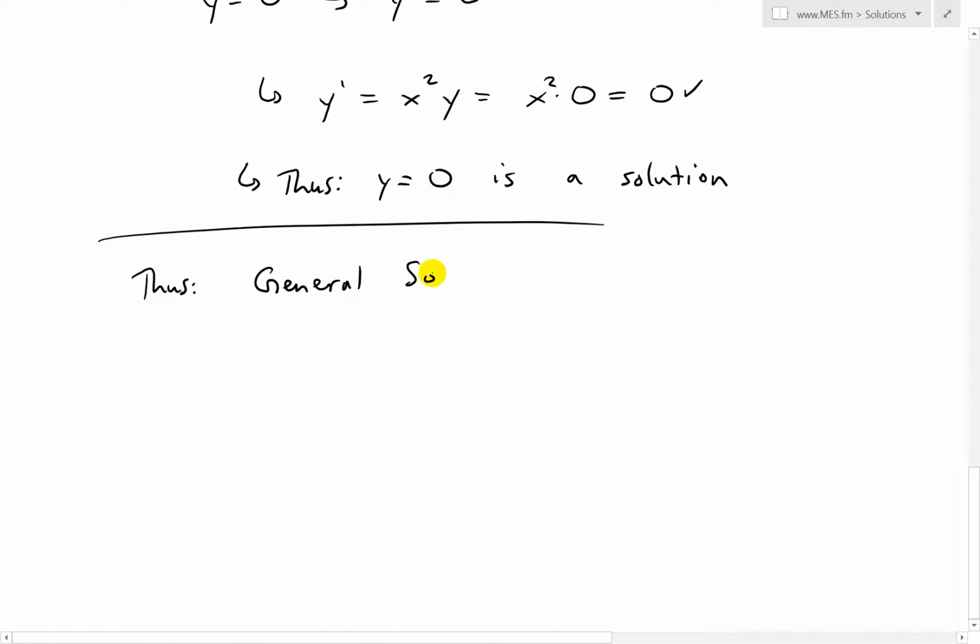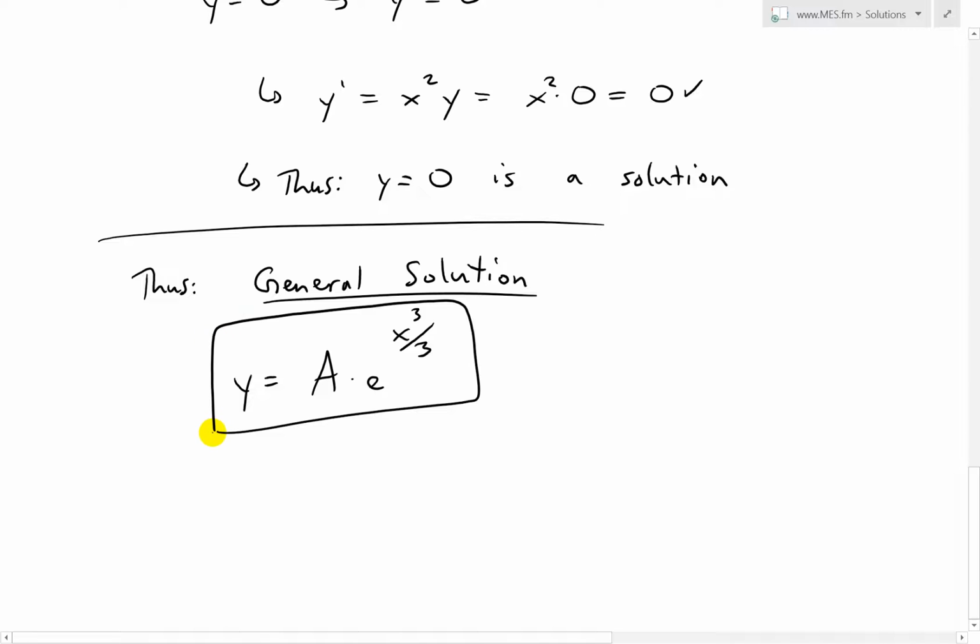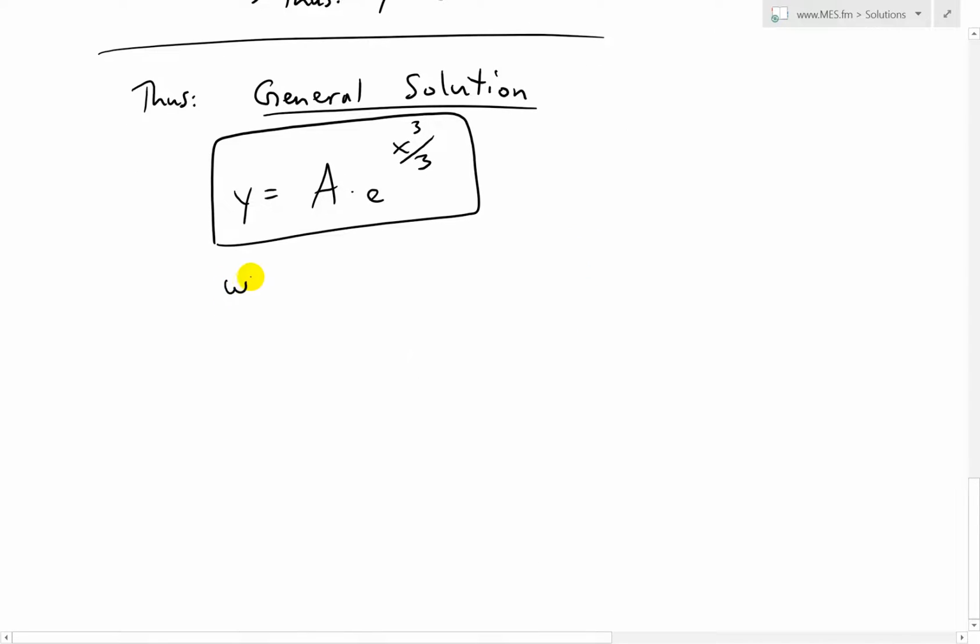We'll combine all of those constants into one. So the general solution is just y equals a times e to the x cubed over 3. And there is our answer, where a is an arbitrary constant.